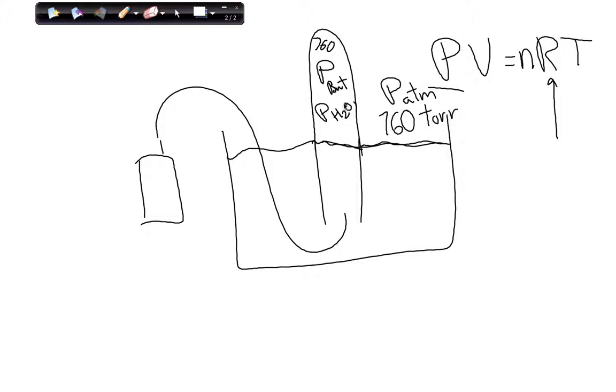So the total pressure is 760, and that's what we actually used as the pressure of butane last year. But now, guys, let's talk about what the pressure actually is. In order to find the pressure of the butane, if we know atmospheric pressure, what do we have to know to find the pressure of the butane? The pressure of the water vapor.